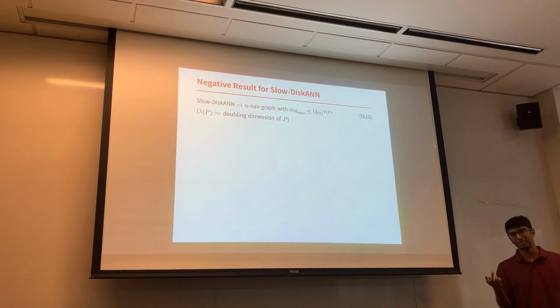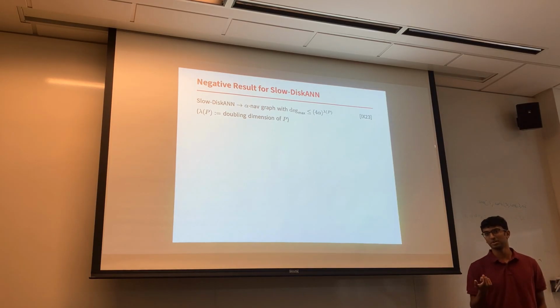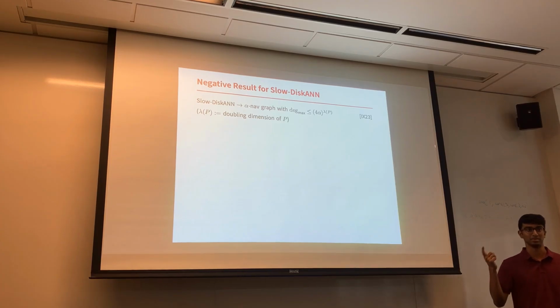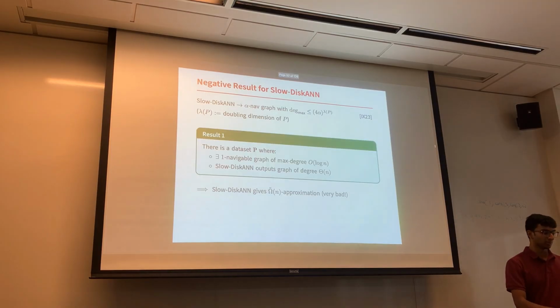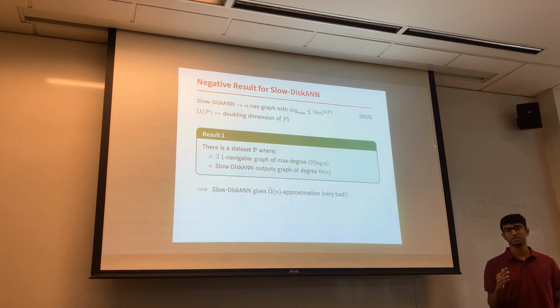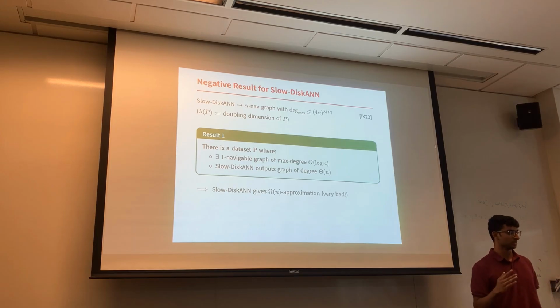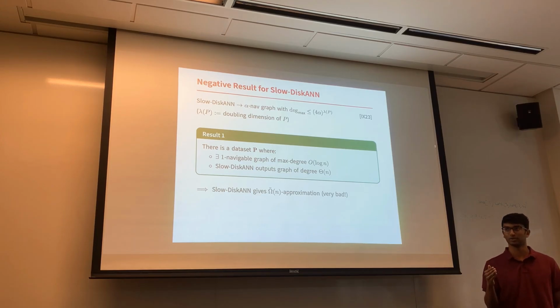If you look at this result, you might think, okay, slow disk ANN might be a good algorithm. It always has this nice guarantee that scales with dimensionality. And what we showed is that from the lens of worst case approximation, slow disk ANN is actually quite a bad algorithm.